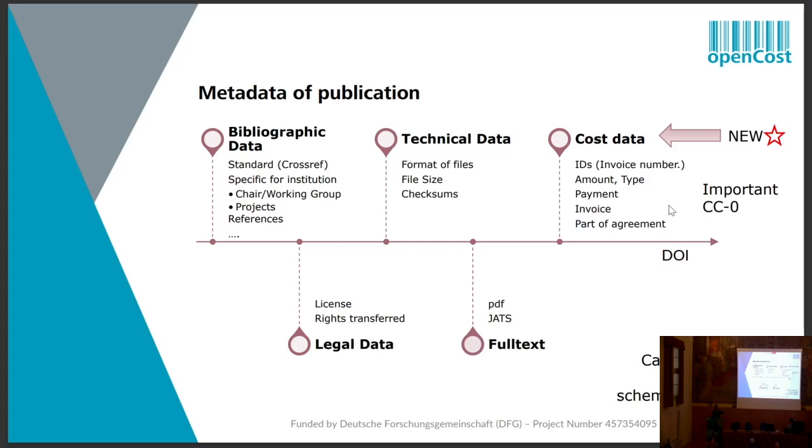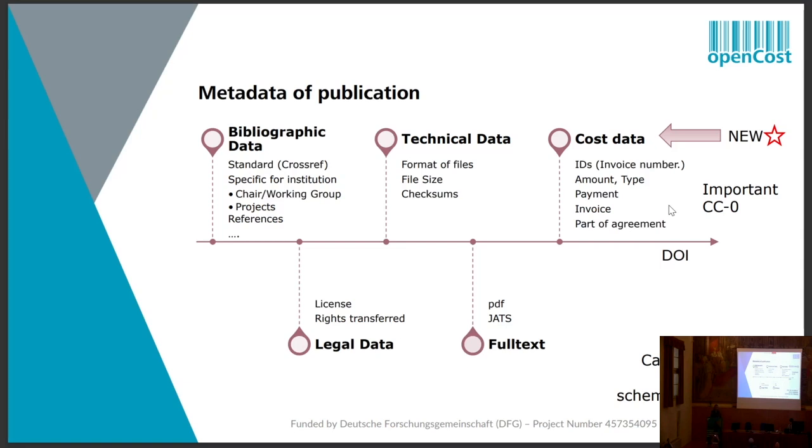That's the normal way of talking about metadata, but if we look in detail, we are talking, for example, about technical metadata like the format of the files and the file size. We are talking about legal metadata, for example the license applied or the rights transferred. We are talking maybe about metadata which describes the content, if we are using JATS files or so on.